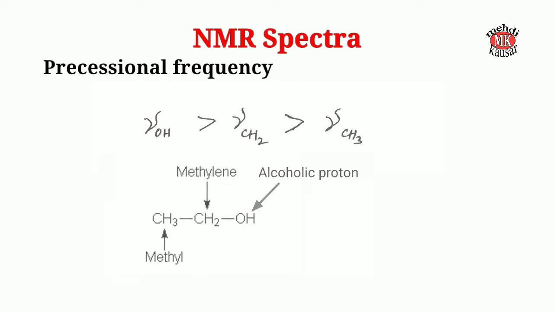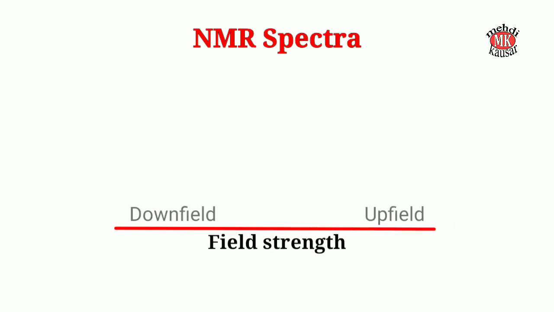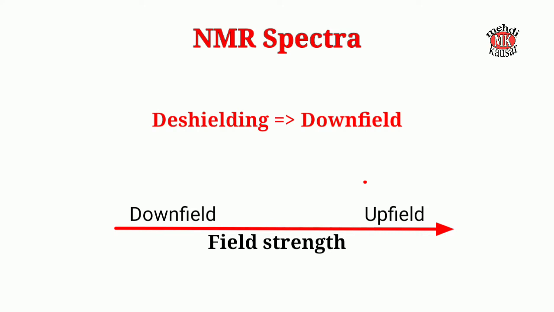In order to construct NMR spectra of a molecule, always remember that if there is a deshielding effect, then the NMR signal for that type of proton is observed in the downfield, and if there is a shielding effect, then the signal is observed in the upfield.